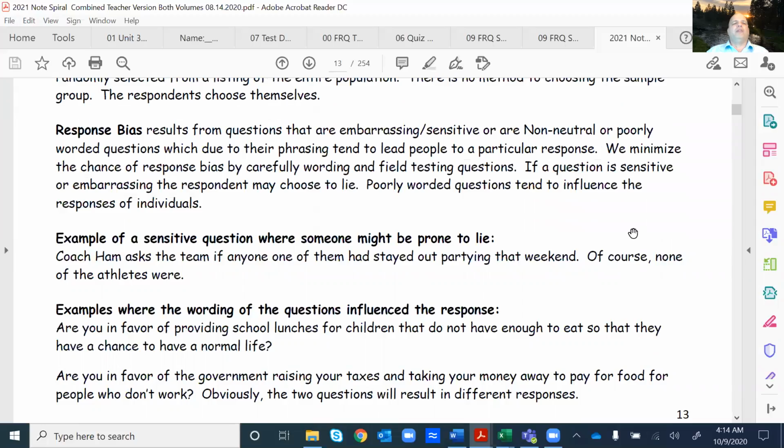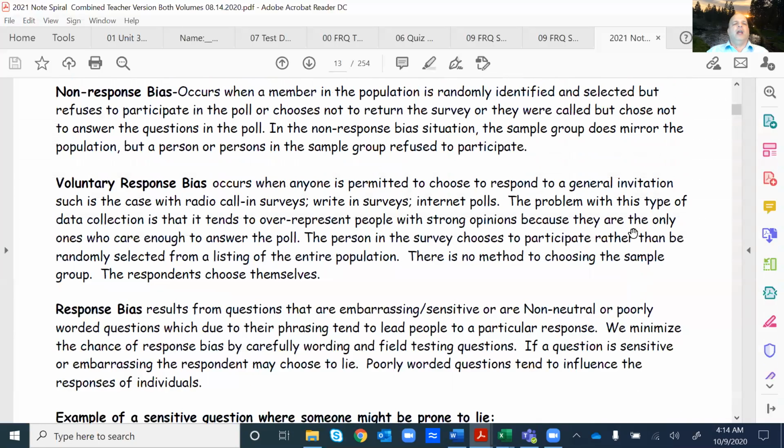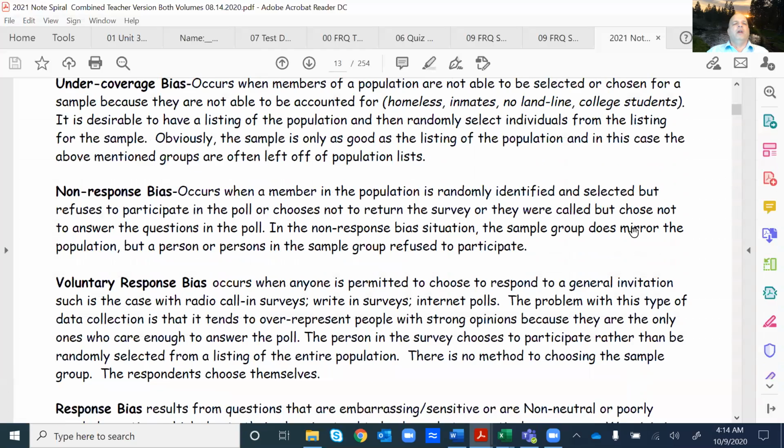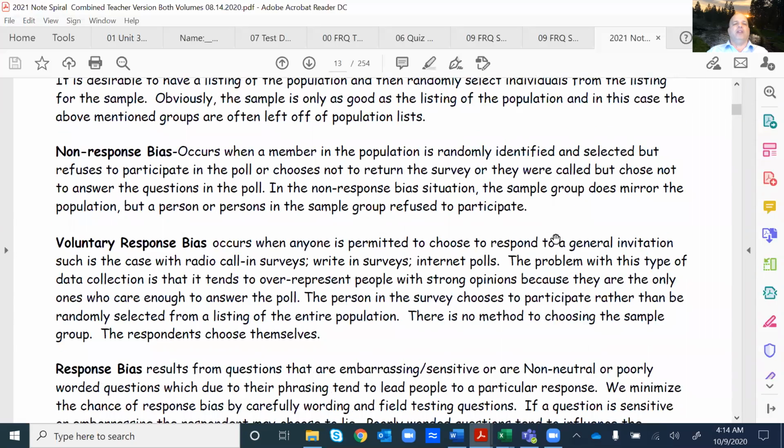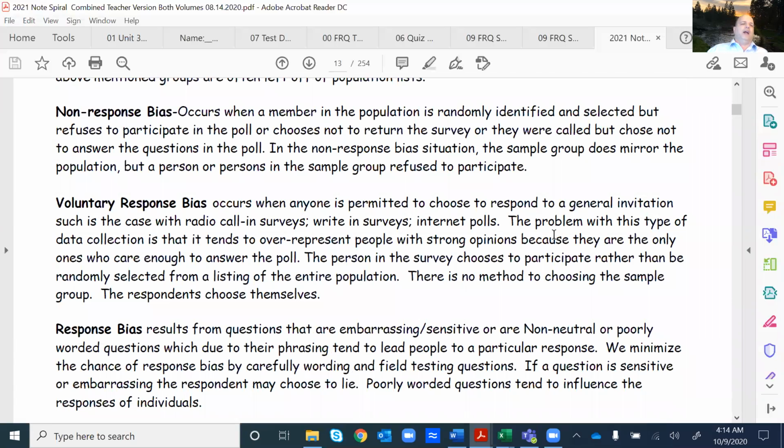So we have several different types of bias. And the primary ones are undercoverage bias, where our design misses an element of the population. All right. We have non-response bias, where we actually have a good design, but either through our execution or the way society works, they won't answer the survey.